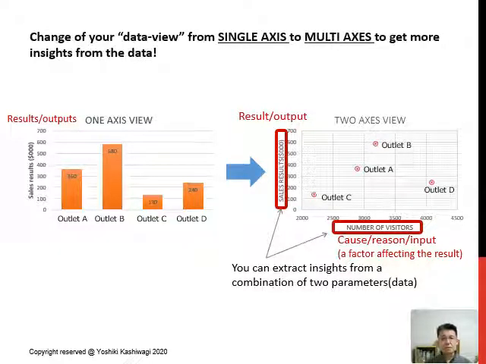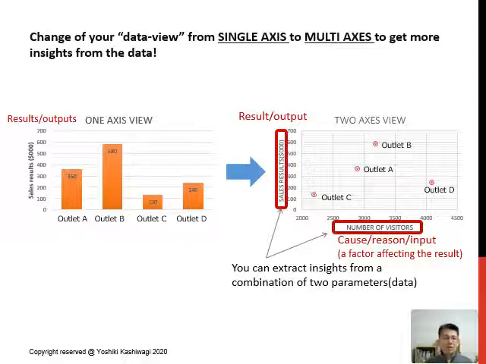Okay, this is the difference between one single axis on the left-hand side, which shows only the result, and two axes to show the relationship between the two.